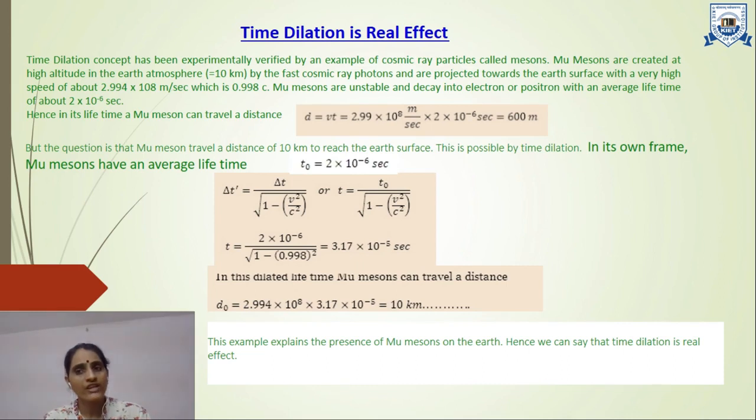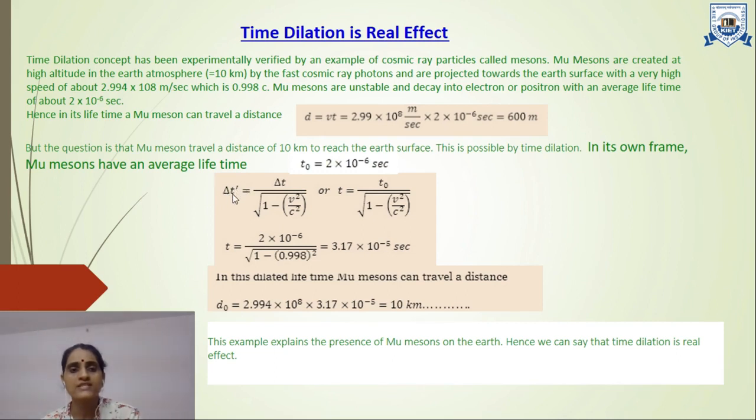The frame in which the mu mesons were created is the S dash frame, as we saw in the previous article, and there the time obtained was the proper time, T naught, which is 2 x 10^-6 seconds. Now we are going to calculate the time as seen in the frame S, that is the Earth's surface.